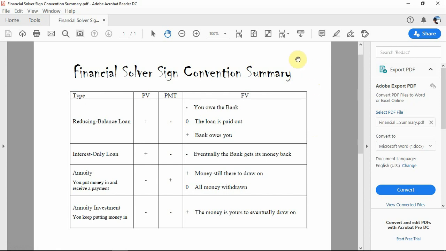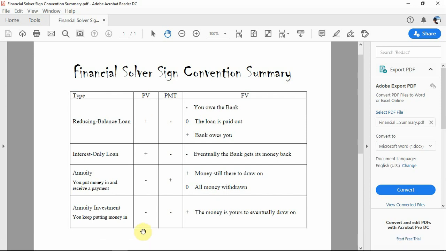That's on my website, of course, Physics with Sino, in the further maths area. You'll find this as a downloadable PDF. It lists the type of investment you're using the financial solver for, present value, your payments, your future value.